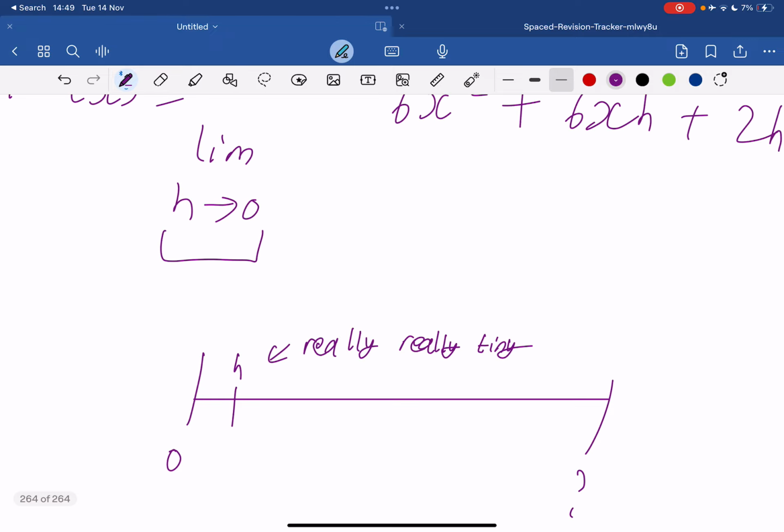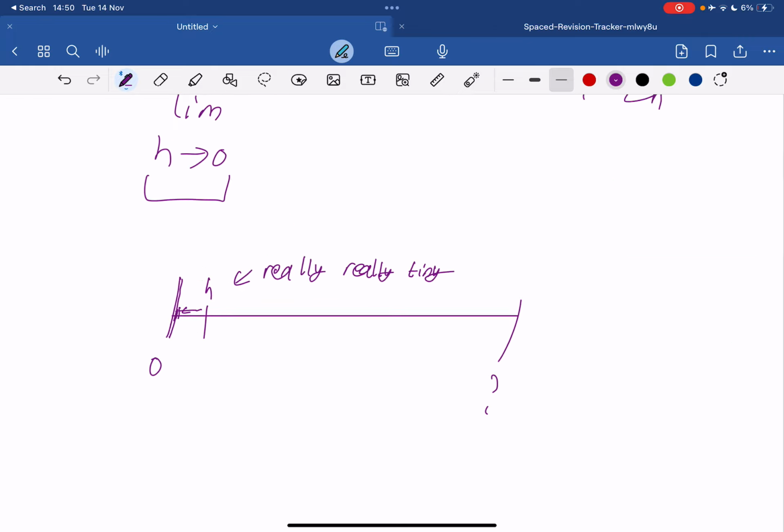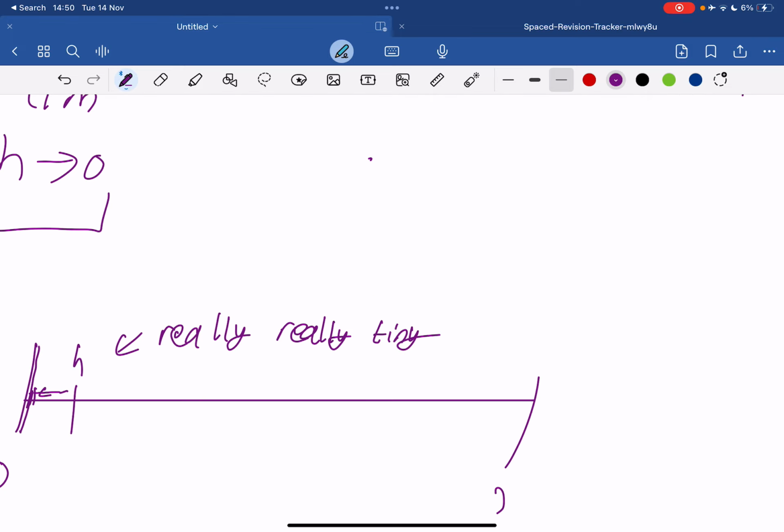Now, with limit h approaches 0, this means that we're trying to make h smaller and smaller and smaller. We're trying to make h tend towards 0, get really small. But at some point, the whole point of this is to make h equal to 0. The way I like to think of it is like this. You have 0.9 recurring.